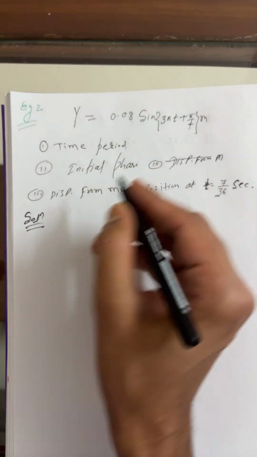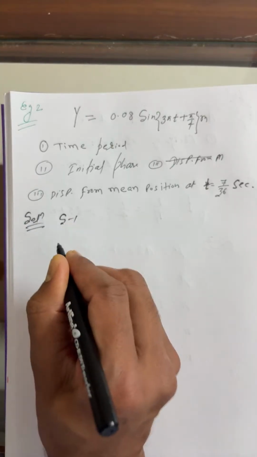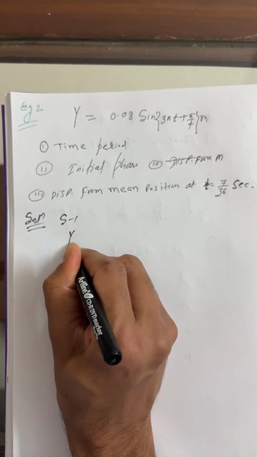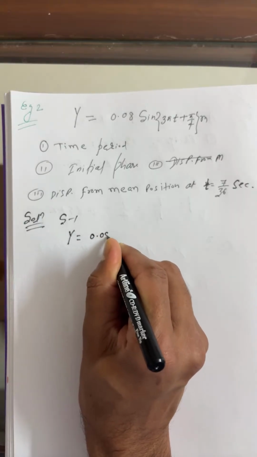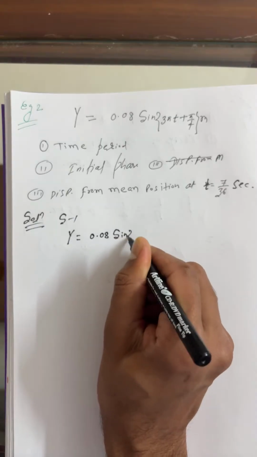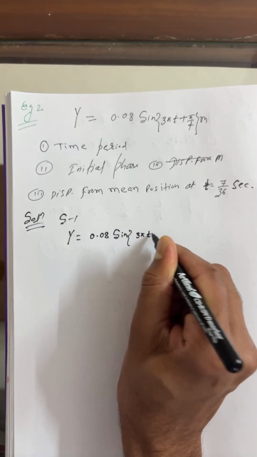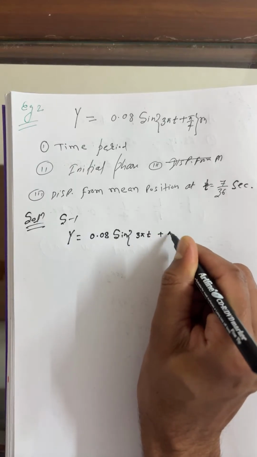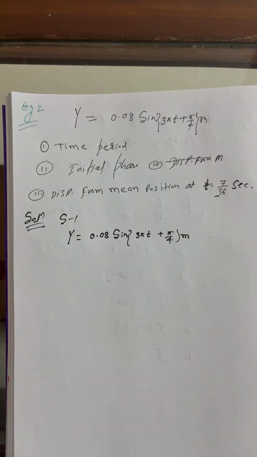Rewrite again in step one, given data. So y equals 0.08 into sine (3 pi t plus pi by 4) meter.